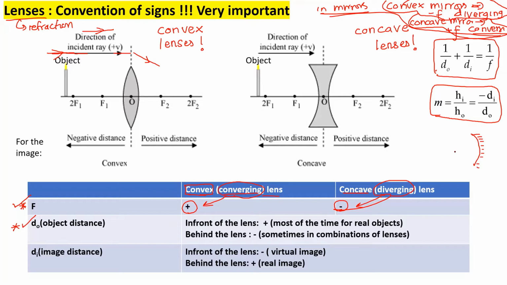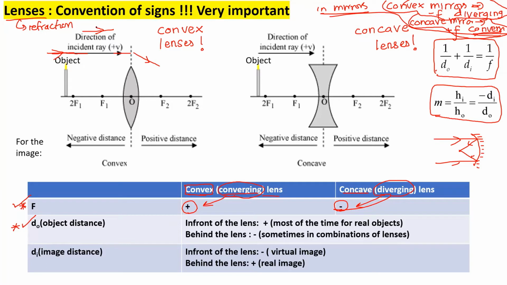So this is a concave one. In concave mirrors, you remember these rays were coming, converging. So concave was converging. That's a mirror. Okay.